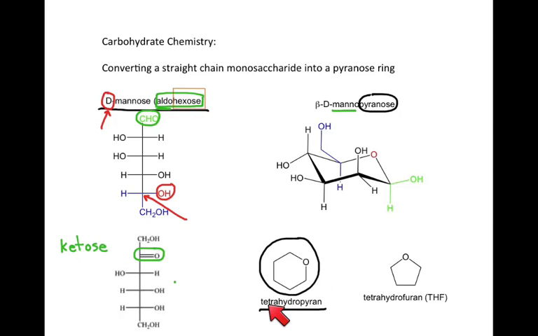So this is called tetrahydropyran, and this term pyranose comes from that word pyran, and all that really signifies is that you have a 6-membered ring where one of the atoms is an oxygen.